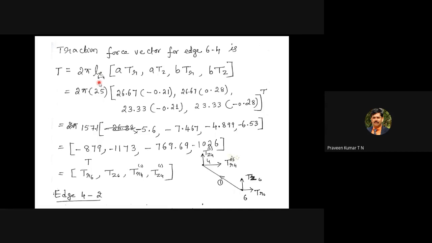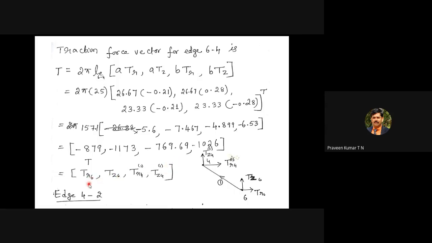Hence, I referred to it as 6, 4, into A TR, A TZ, B TR, B TZ. It is the formula for the traction force, a transpose. Now the A value is known, the TR value is known, the TZ value is known, the B value is known. Substitute them, and finally you get the traction force vector for edge 6, 4, as a transpose vector.